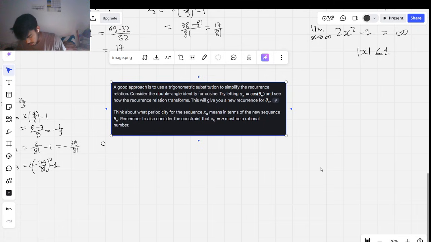So my recurrence relation is x_{n+1} equals 2x_n squared minus 1.